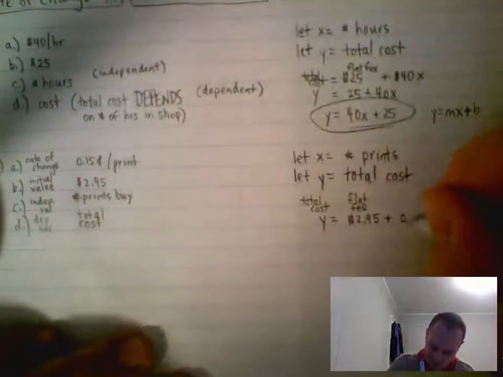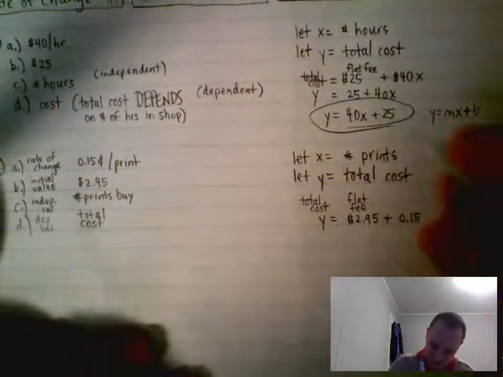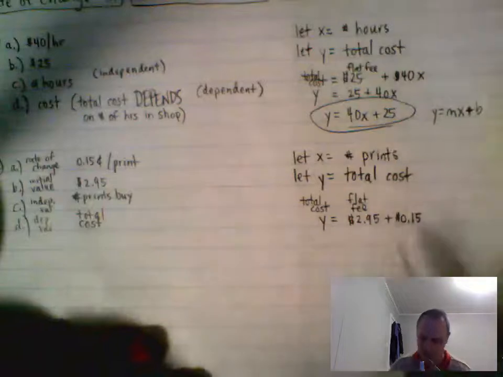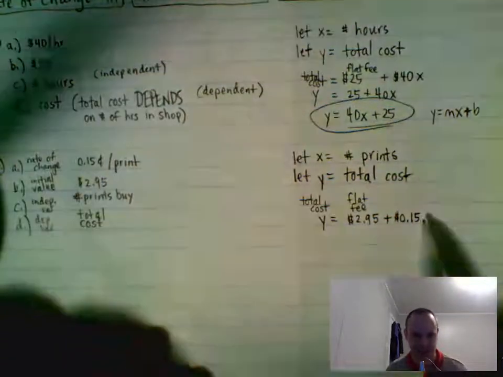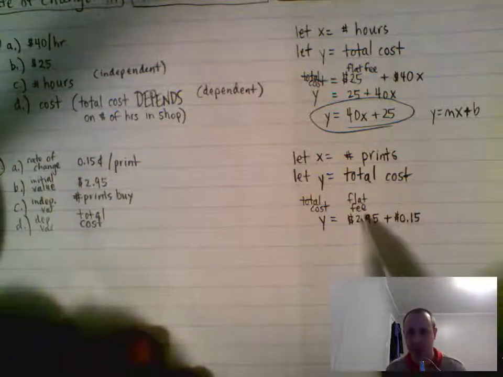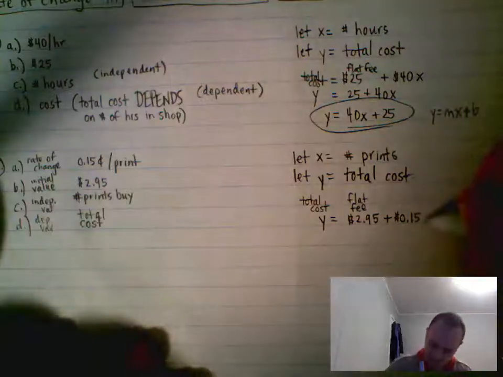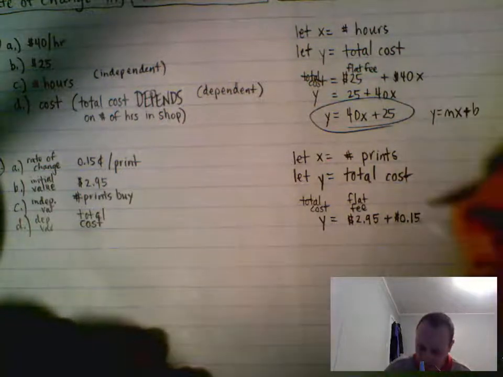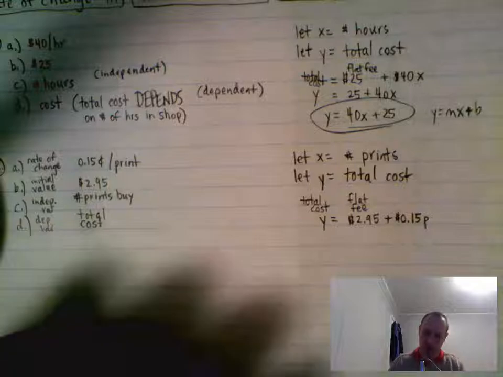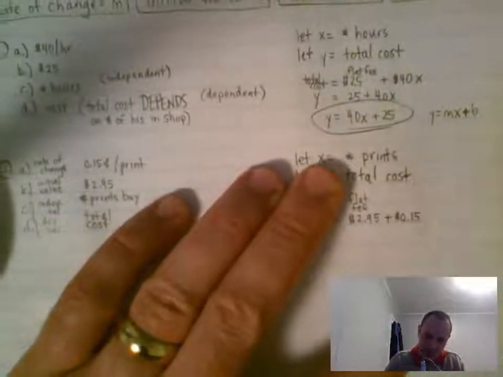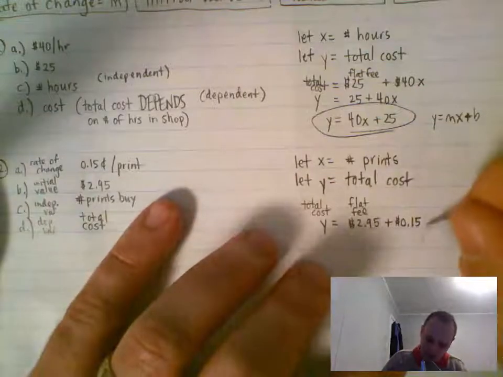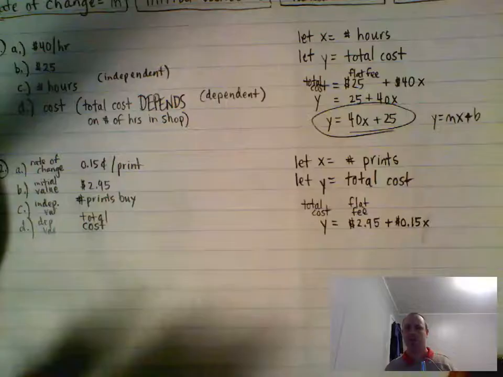The cost per print is 15 cents. I'll put my dollar sign. The first time I put the cent sign here, but I'm going to put the dollar sign. So 15 cents times the number of prints. That could be a P or an X. I'm going to make it an X because we're dealing with independent variables and dependent variables.